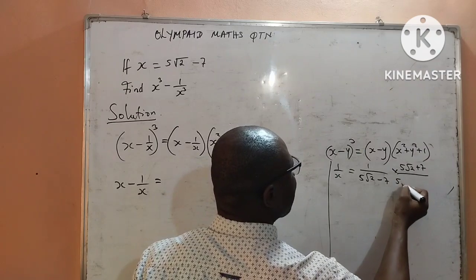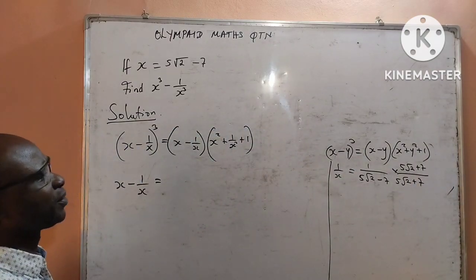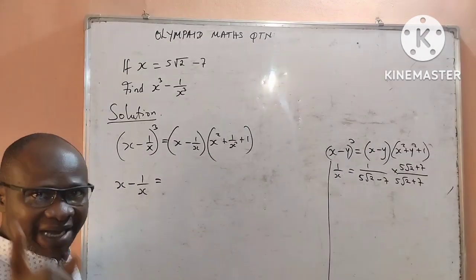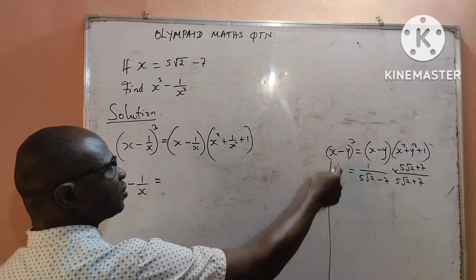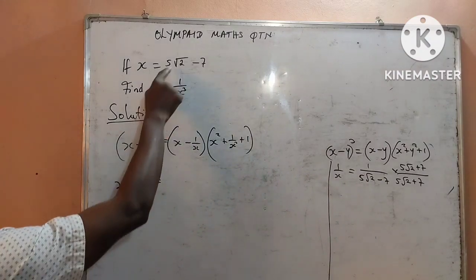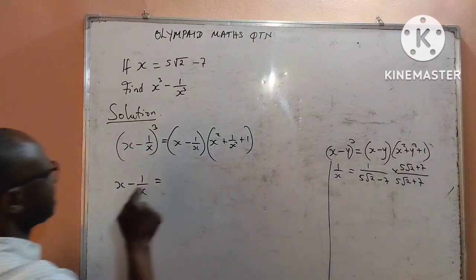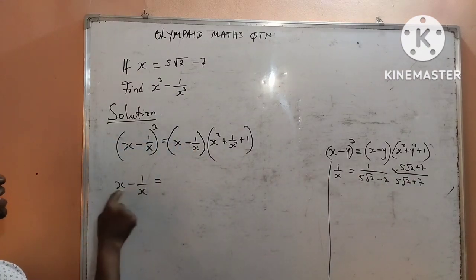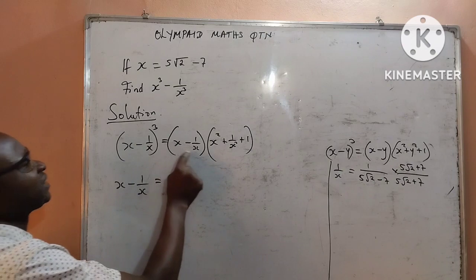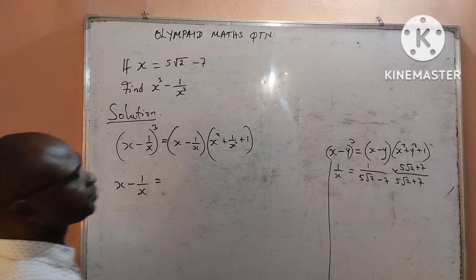Then rationalizing by 5 root 2 plus 7, that is what I have there by the rationalization process. I want to do this to get 1 over x, such that when I get it, I come to this place, substitute the value of x, and then substitute the value that I will get here as my 1 over x, and then subtract the two, so that I can get the result of the first bracket. Math is life. We move on.